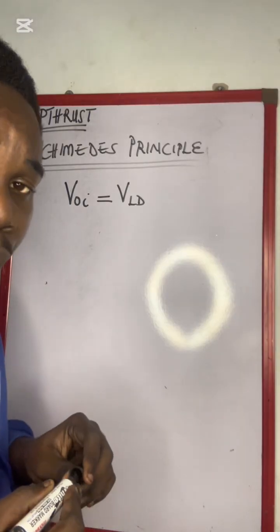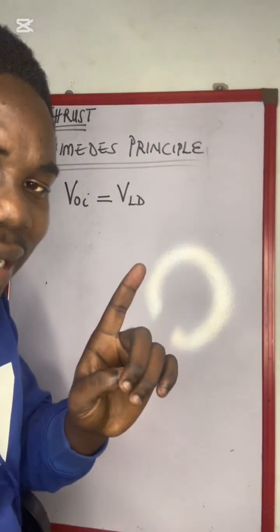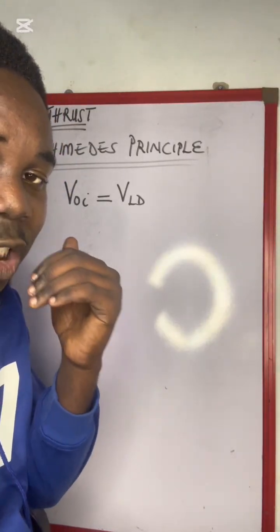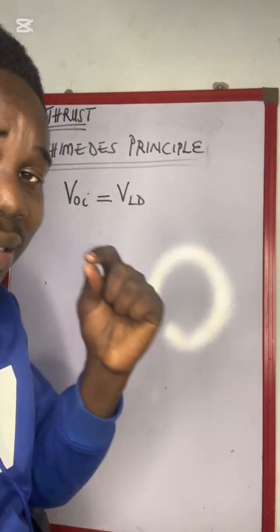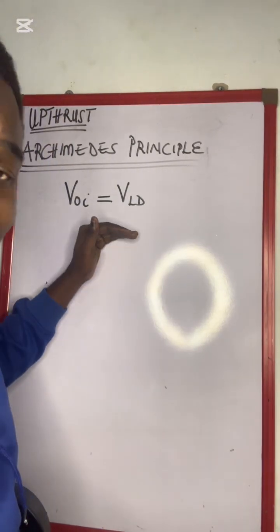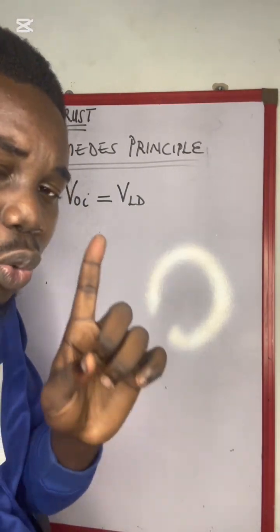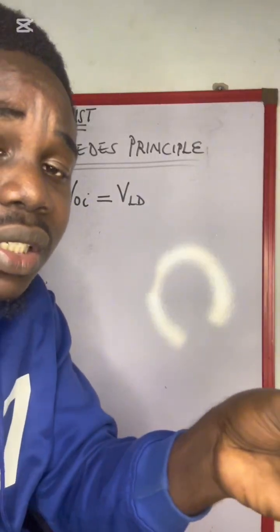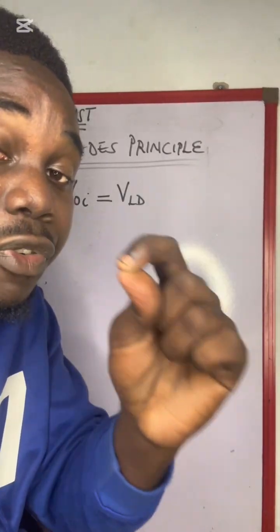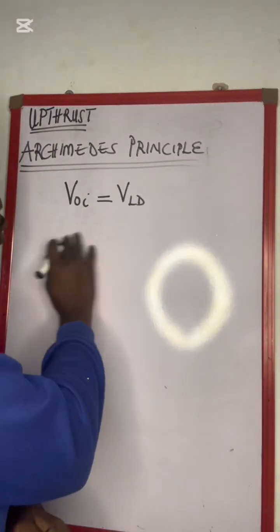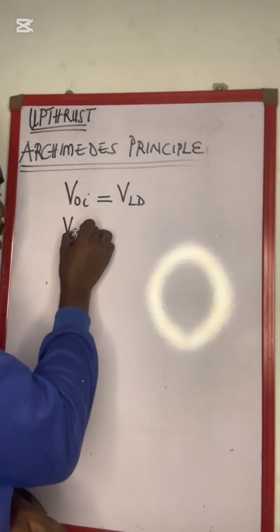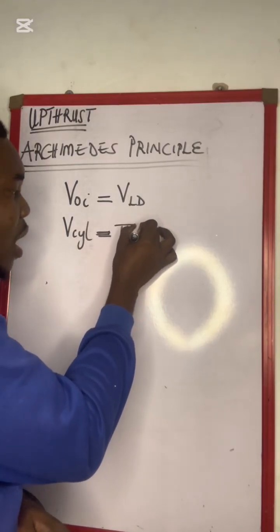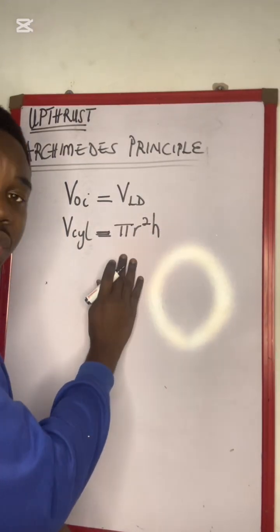I'm sure we know that liquids take the shape of the container they are in. So when we expect questions from our examination bodies from this part, you should try to remember the formulas for volume of some certain shapes. I will give you a few of them. We must know the volume of a cylinder, which is pi r squared h.